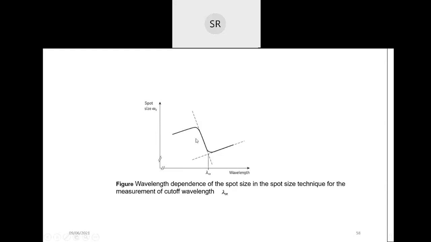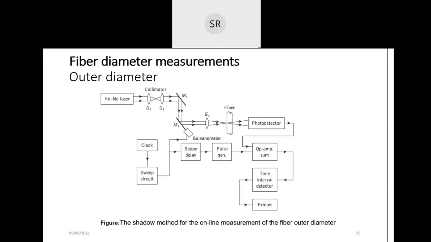Here we observe the cutoff wavelength at the point where one line crosses another. We get one positive slope and one negative slope, and at the crossing of these slopes we measure the cutoff wavelength of the fiber using the spot size technique.